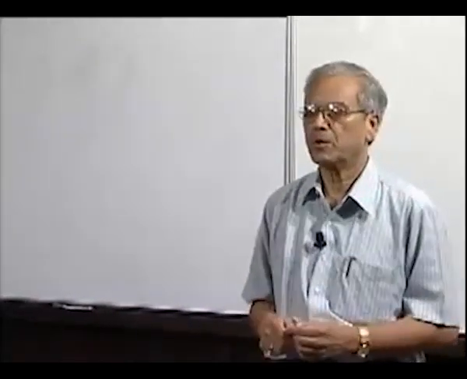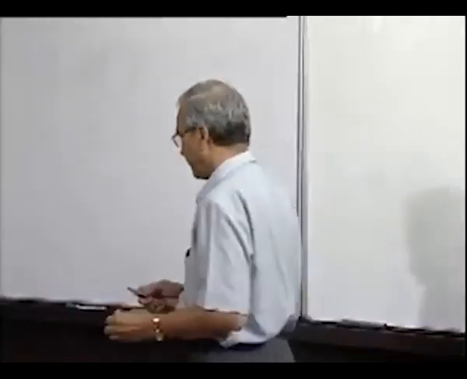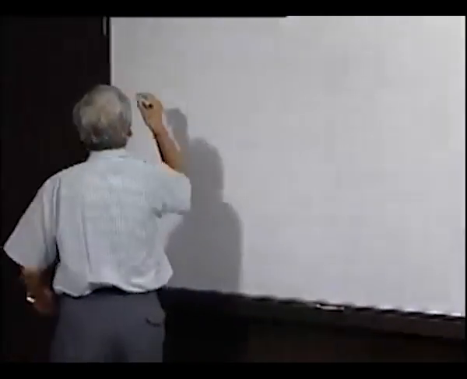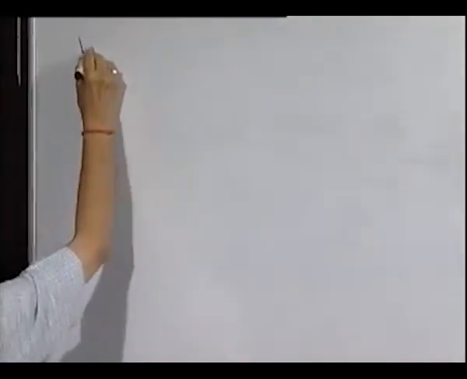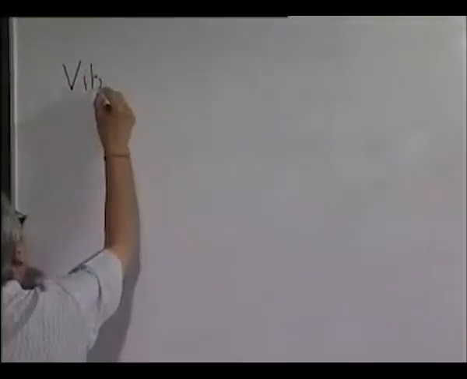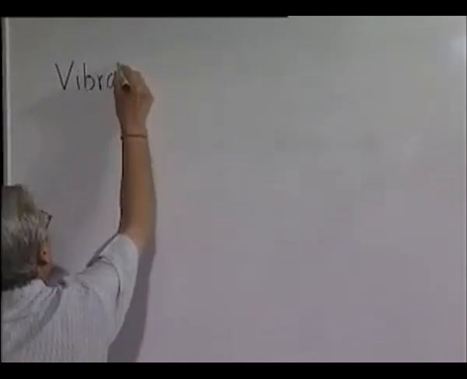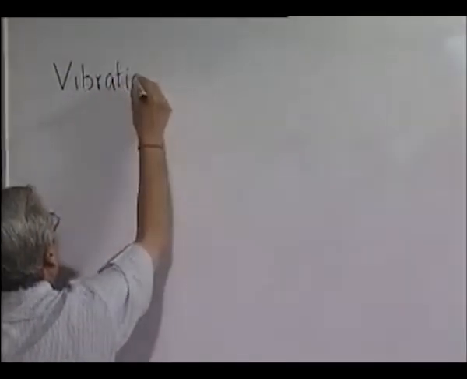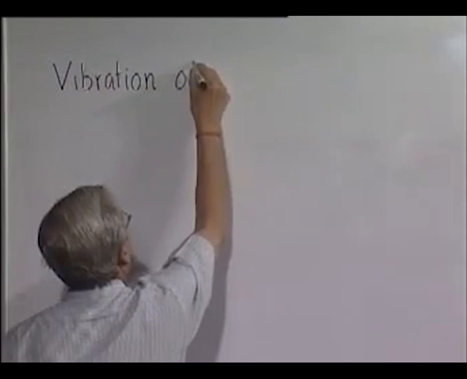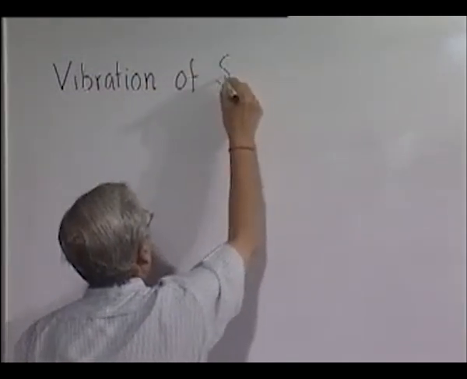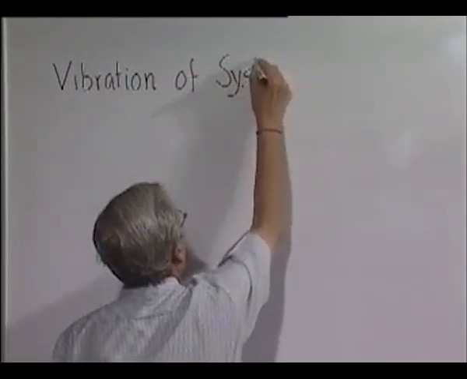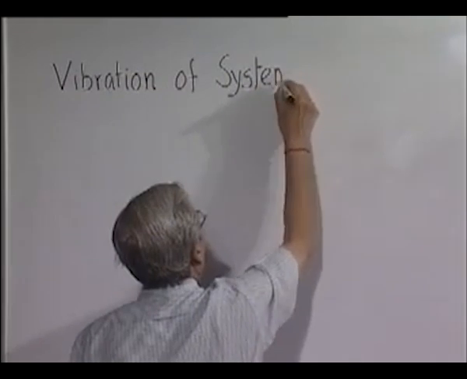So before we take up discussions in details, first let me present certain basic ideas about these new concepts which will be involved in case of vibration of systems with more than one degree of freedom. So we start with the simplest next possible case, that means vibration of systems with 2 degrees of freedom.